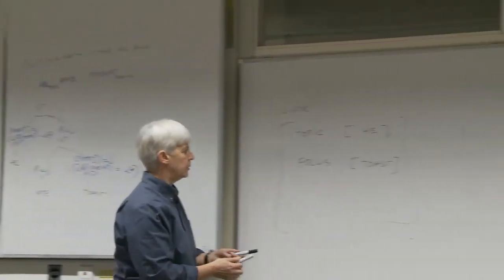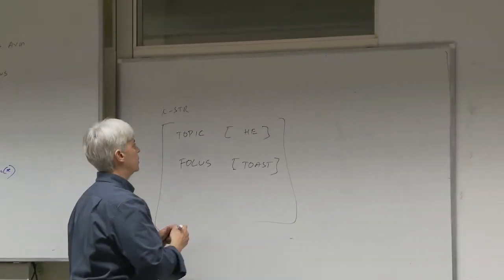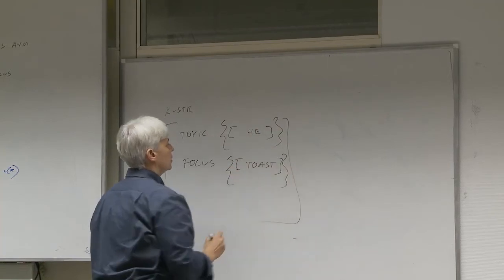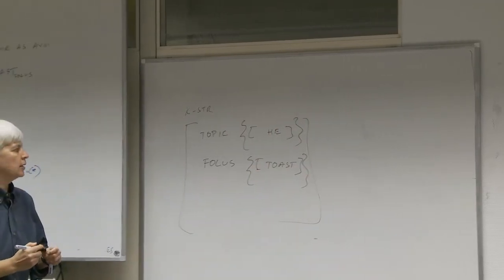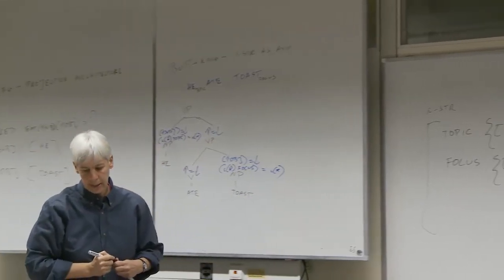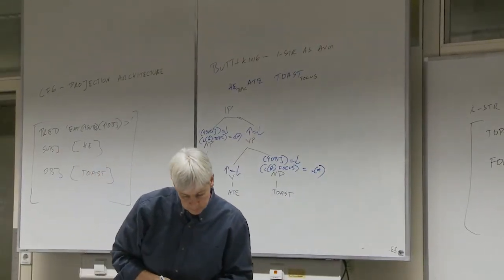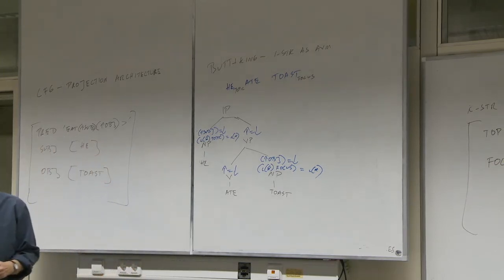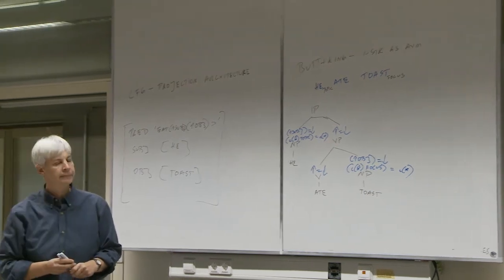So in fact, actually, this is not quite right, because we said these are all sets. So if you had an all-focus sentence, then you would put everything into that set.